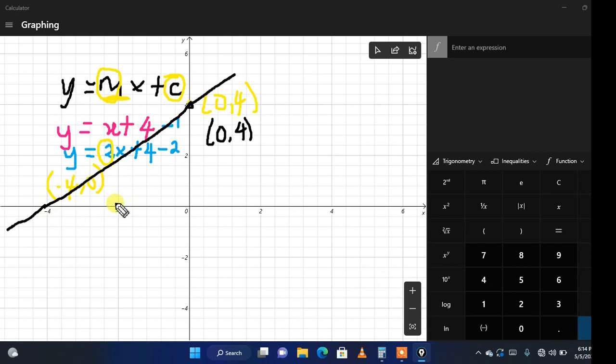Let me change colors to make it more visible. So because the slope here is 2, we are going to move from our original intercept of -4 to -2. So the point here becomes (-2, 0).